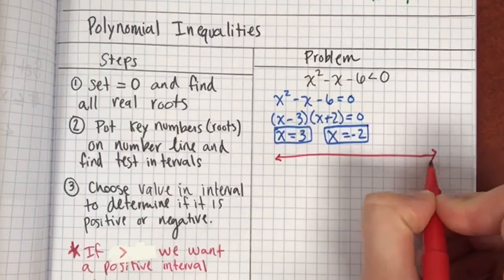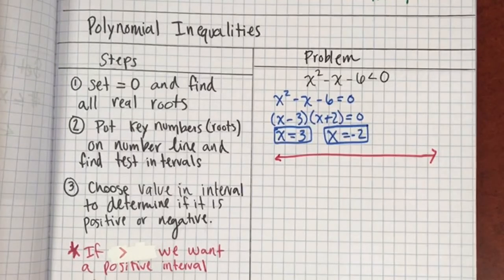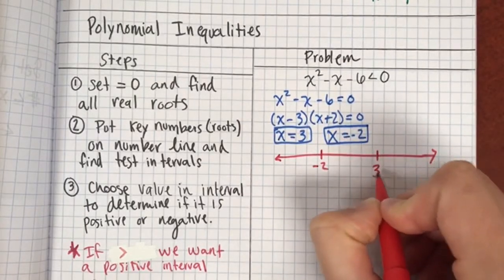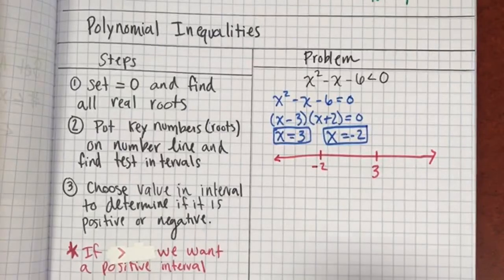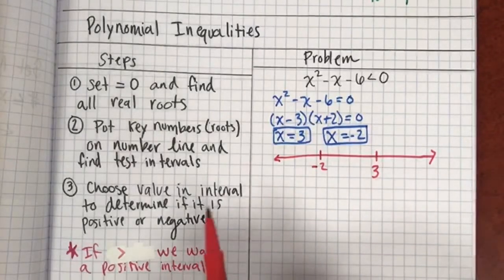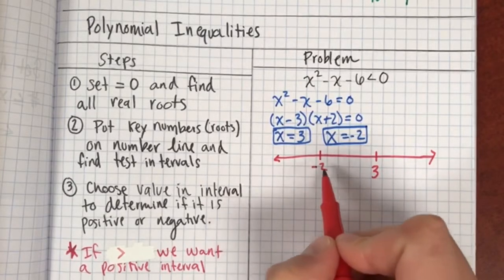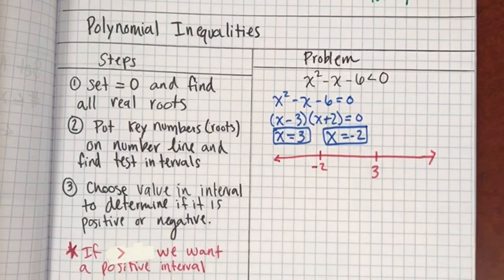And this is where it gets a little weird. So I've got negative 2 and 3. We have to find our test intervals. So these are our test intervals: negative infinity to negative 2, negative 2 to 3, and 3 to infinity.